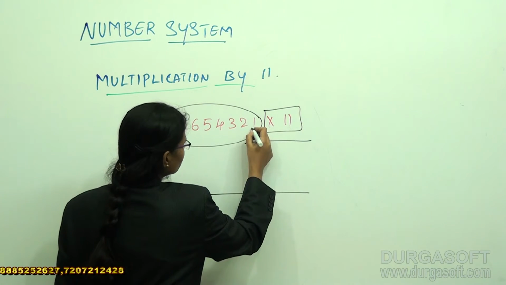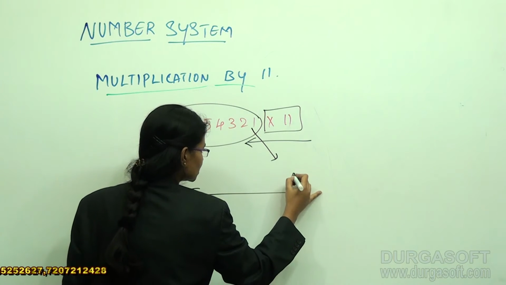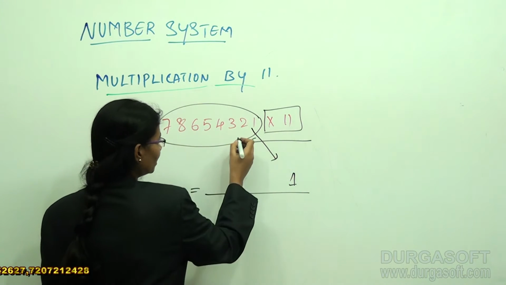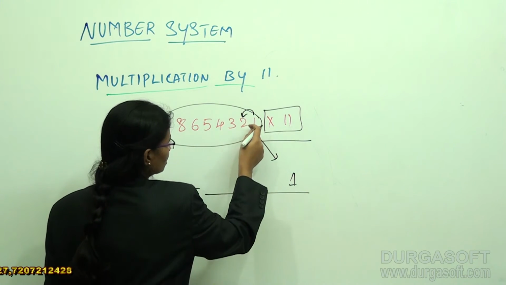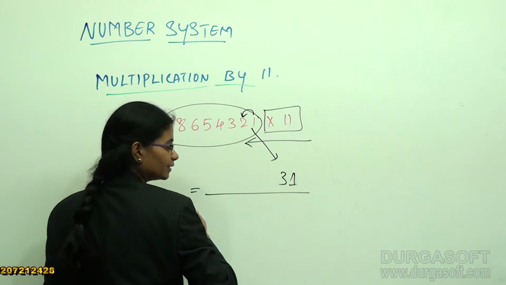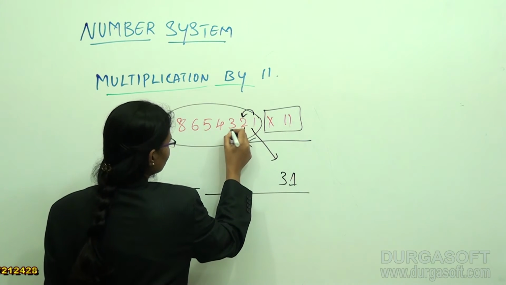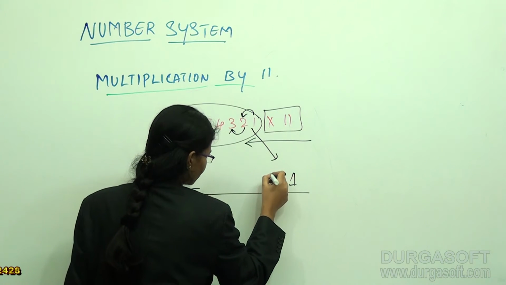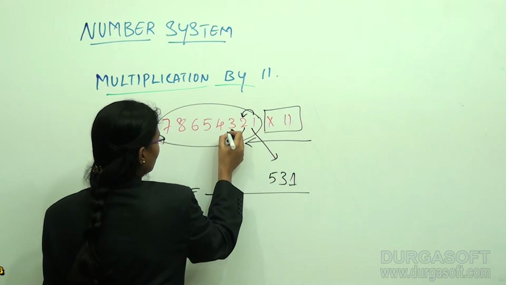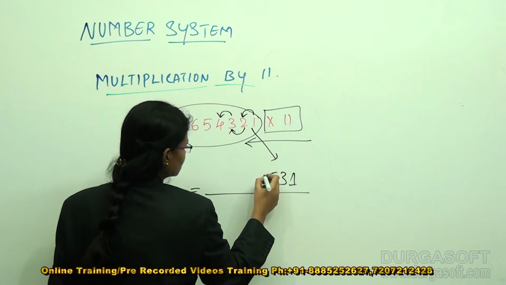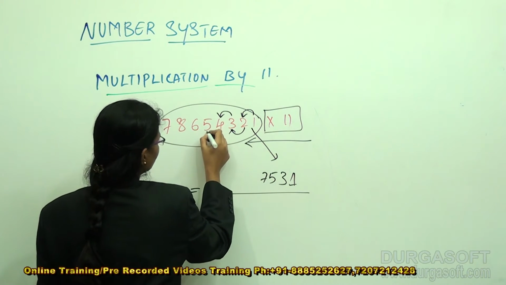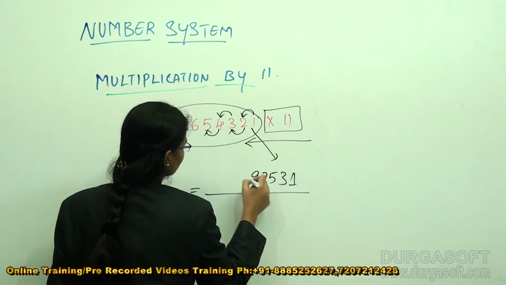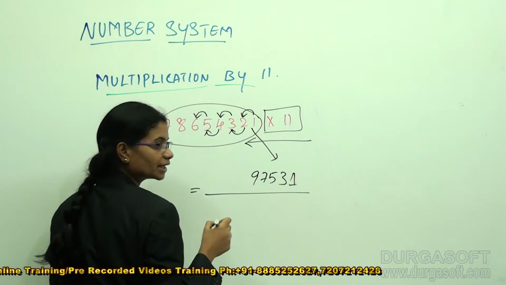First, whatever the last digit you have, just write the digit as it is, and next add these 2 digits. You will get 3, write that 3, and next add these 2 digits, you will get 5, write 5, and add the next 2 digits, it is 7, and add these 2 digits, you will get 9, and add these 2 digits, you are getting 11.